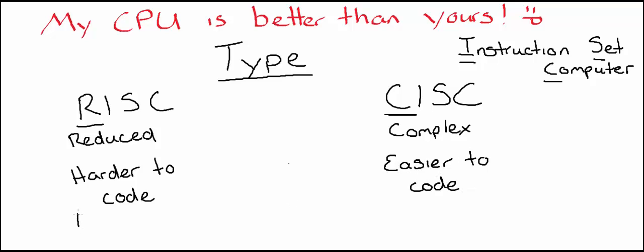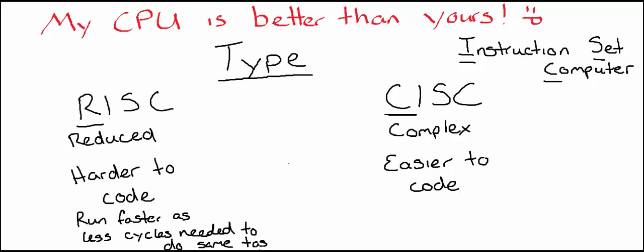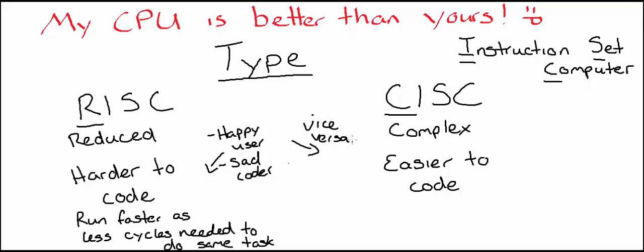However, it does run faster because there are fewer cycles needed within the CPU to do the same task. Whereas a complex instruction set computer is easier for the programmers because they don't have to write quite as many lines of code in order to get the processor to do the same thing. However, this can, of course, slow it down. So the RISC tends to be a little bit faster, as I said, because it needs to do fewer cycles.